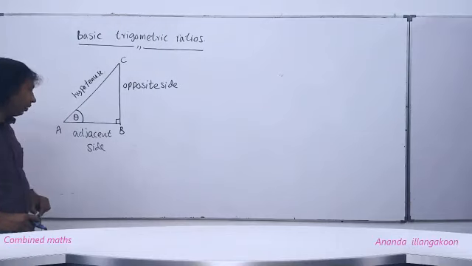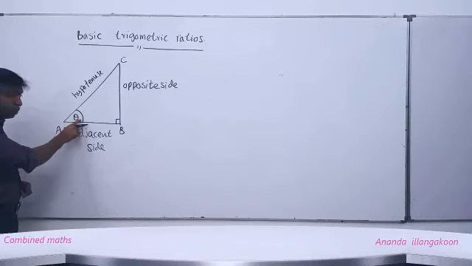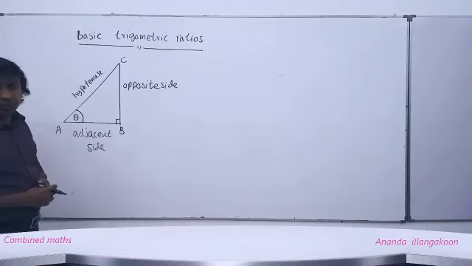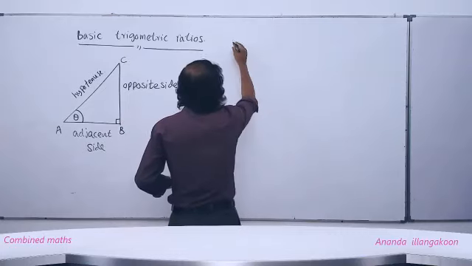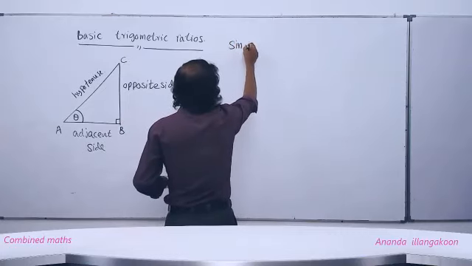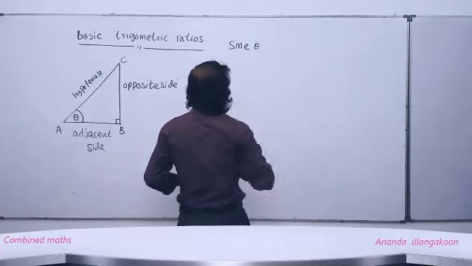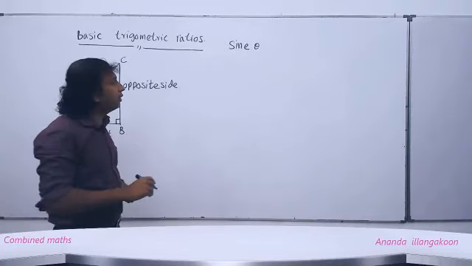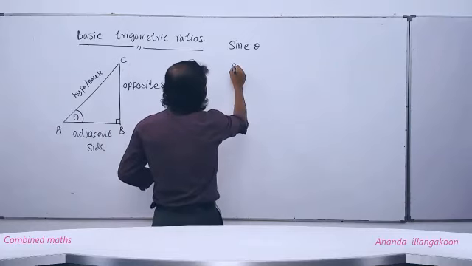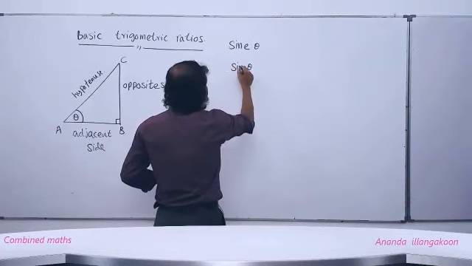First one is the sine ratio of the angle theta. The way of writing that is this. The full word is SINE, sine theta. But when we write this sine, we write only SIN this way.